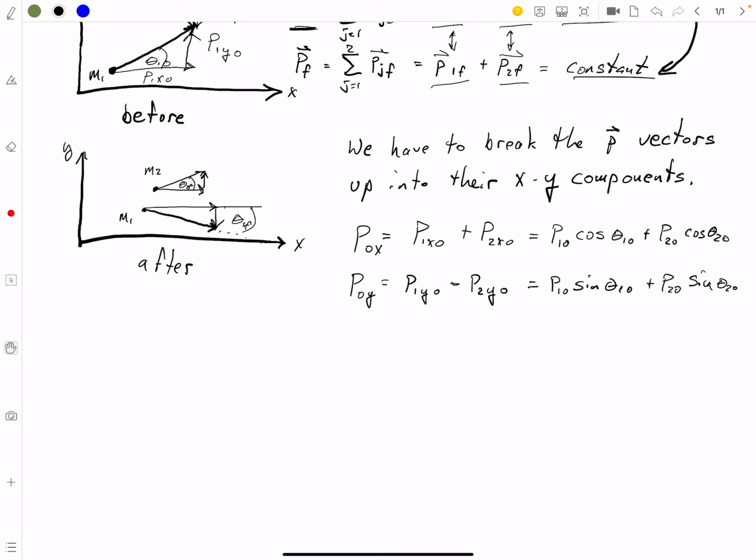But we're still going to conserve momentum. So in each of the directions, P naught X equals P final X, and we're going to do the same for Y. So P naught Y is equal to P final Y.